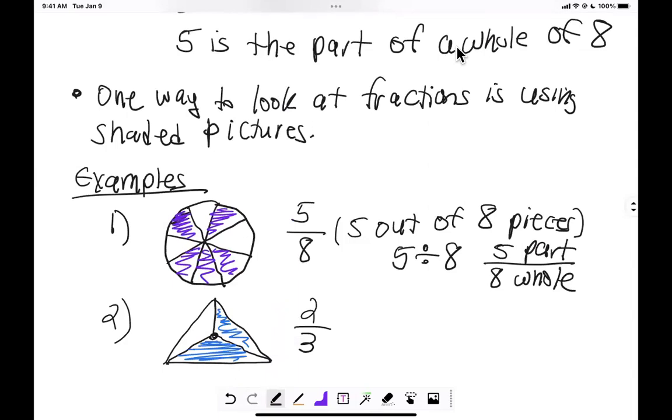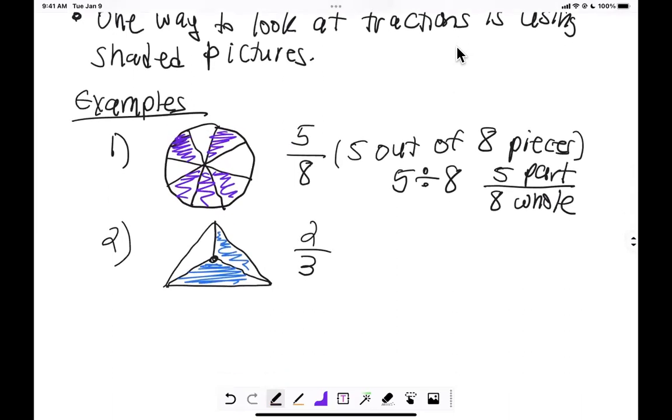So my fraction represented by this picture is 2/3. I shaded 2 out of 3 pieces, part over whole. Now, I guarantee it is not gonna look the same, but they're meant to be identical sizes, identical shapes. So hang with me.